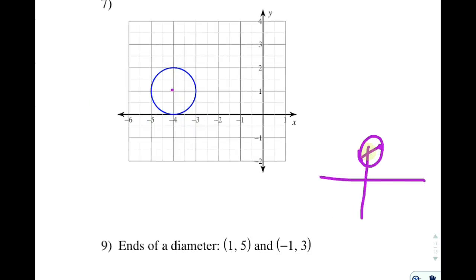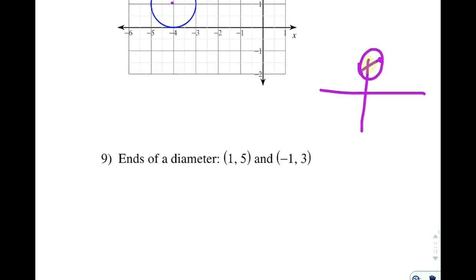So that's kind of roughly what I'm looking at. I'm looking at a fairly small circle, and the center seems to be somewhere along the y-axis. To figure out exactly what it is, the center of the circle comes in the middle of the endpoints of the diameter. So if we're looking for the middle, we would find the midpoint. So center is midpoint.